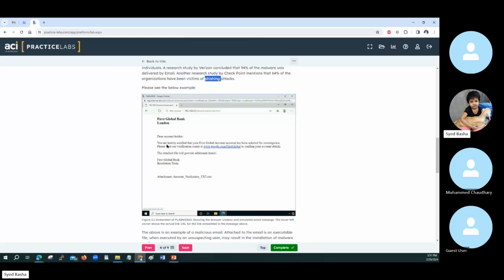Dear account holder, you are hereby notified your First Global account has been selected for investigation. Please visit our verification center. See this? They claim this is First Global London bank, but see the website, where it takes you to Google. Google.com, First Global, to confirm your account details.